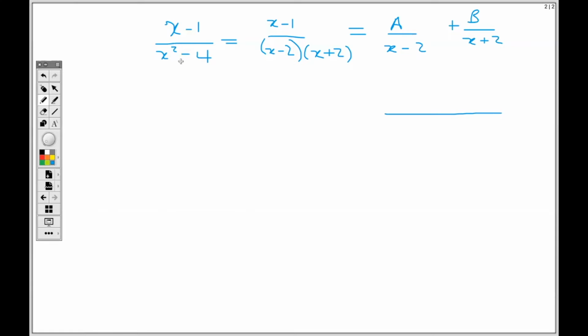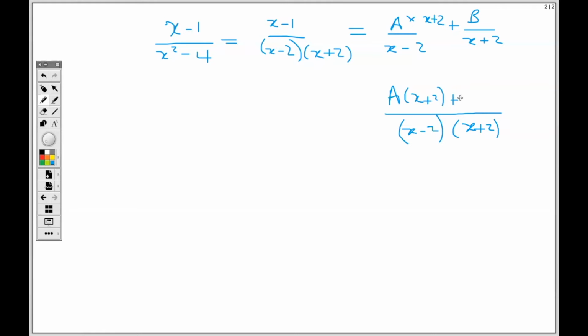So the LCM of x minus 2 and x plus 2 is x squared minus 4, but I can just rewrite it as x minus 2 times x plus 2. Now, doing division, x minus 2 into the denominator, the x minus 2 cancels, so I'll be left with just x plus 2 times the A in the numerator, to give me A times x plus 2.